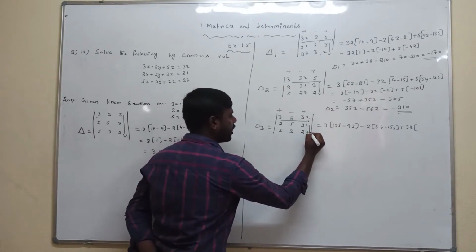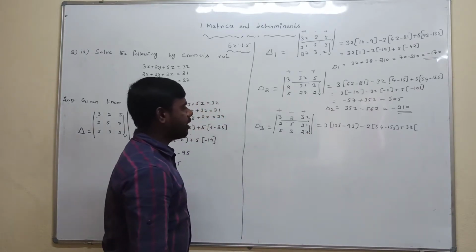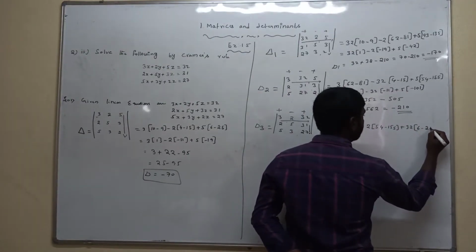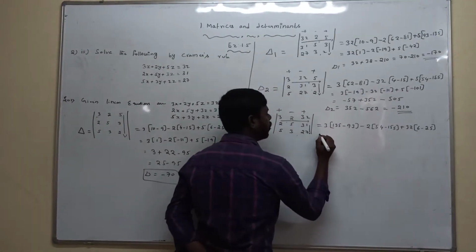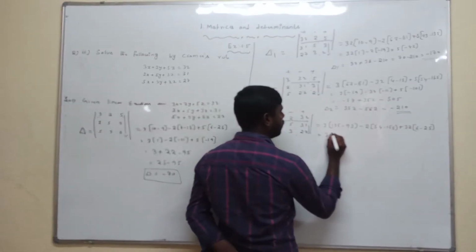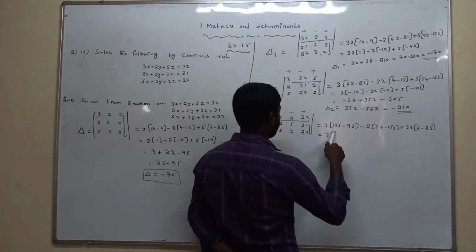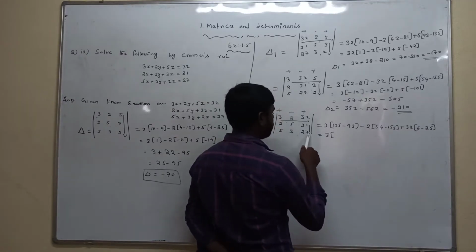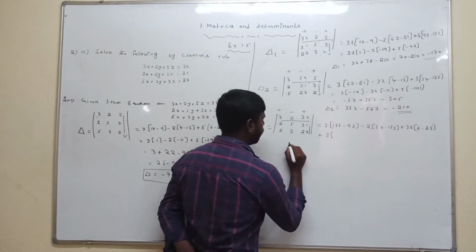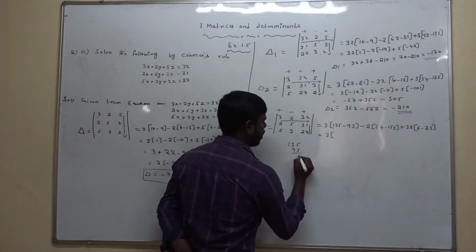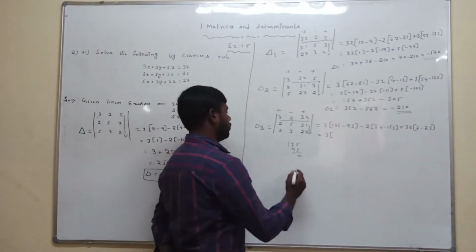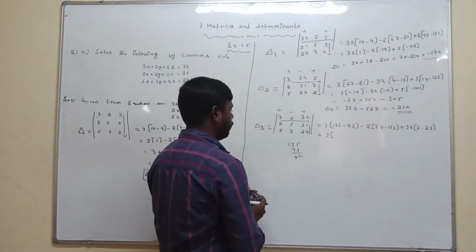The first row and third column are eliminated. Cross multiply the remaining elements: 2 into 3 is 6, minus 5 into 5 is 25. Now 3 into 135 is correct, dear friends. 5 sevens are 35, that is correct. 135 minus 93, how much, dear friends? 42.